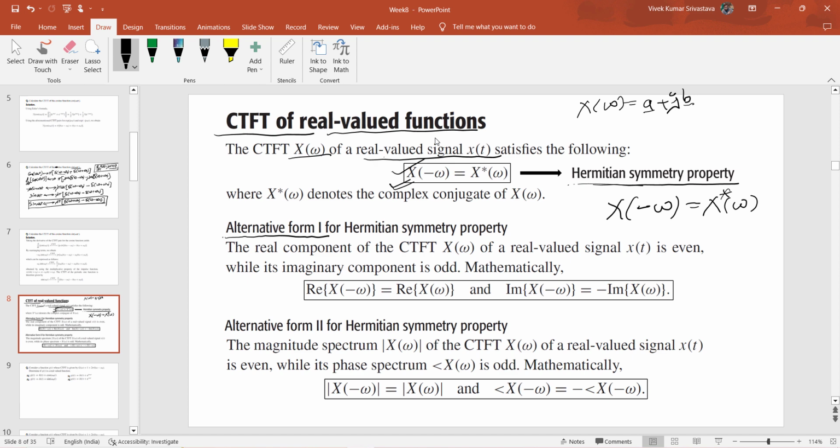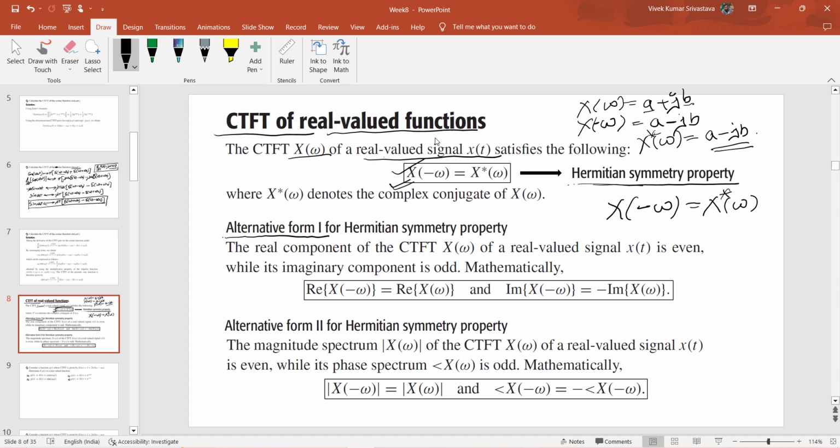Once you evaluate x of minus omega, you will get a minus jb form, whereas once you evaluate x of omega star, you will get a minus jb.